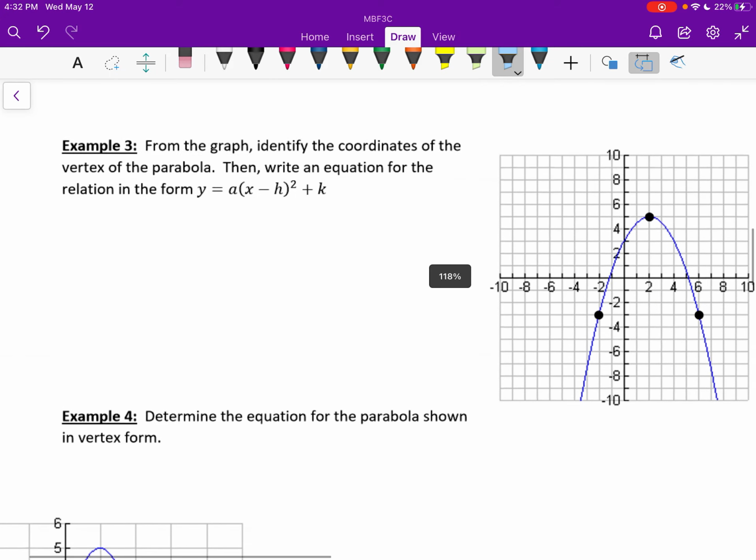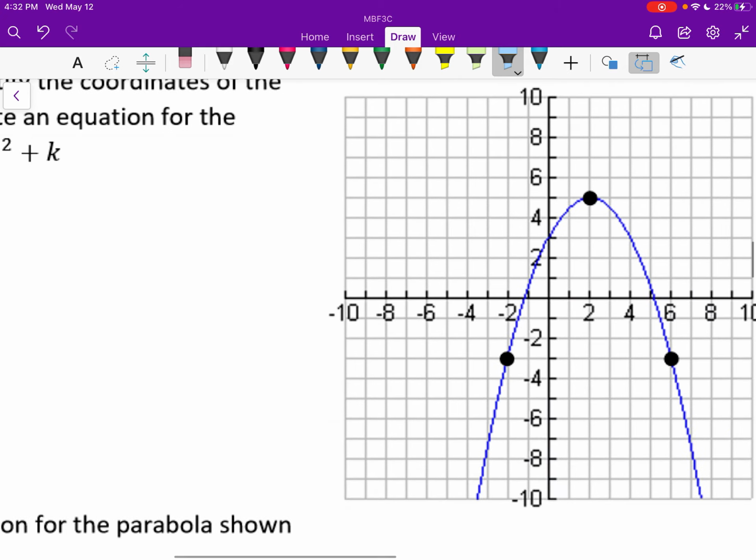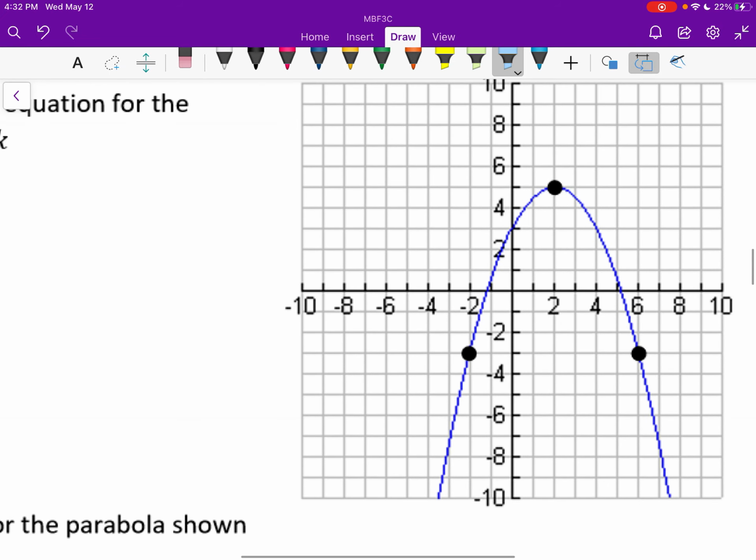Now we're going to try and do example number 3 together. It's a little bit different because now we actually have points on the graph. We don't necessarily have what the vertex is. We have to find it from the graph, which is easy. You go and look at the top over here and ask, what's the x value here? 2, because when you're writing coordinates, you always write x and y.